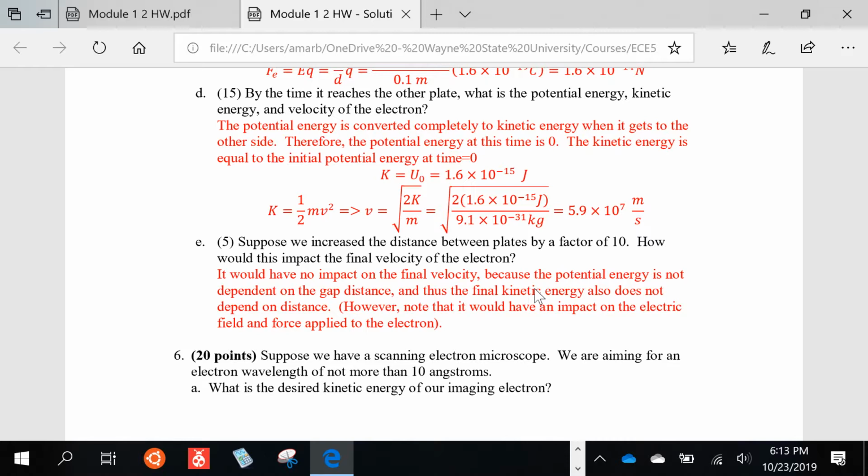And that energy, as the electron moves through the system, is converted to kinetic energy. So by the end of the system, the electron has 10 kilo electron volts of kinetic energy.